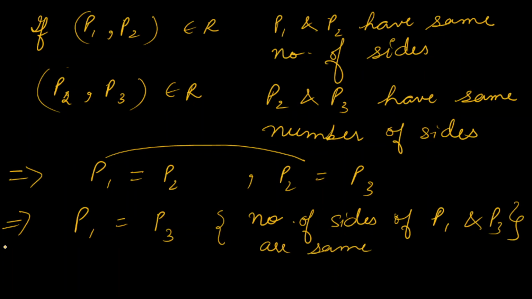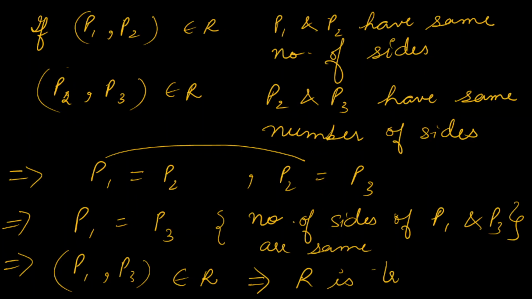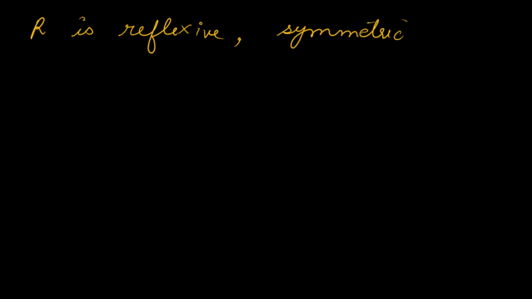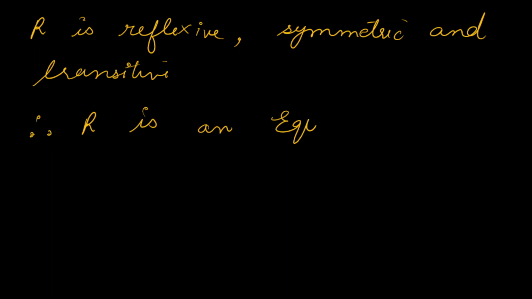If the sides are the same, we can conclude (P1, P3) belongs to R. So it satisfies the given relation, which implies R is a transitive relation also. Now we have proved relation R is reflexive, symmetric and transitive. Therefore, relation R is an equivalence relation.